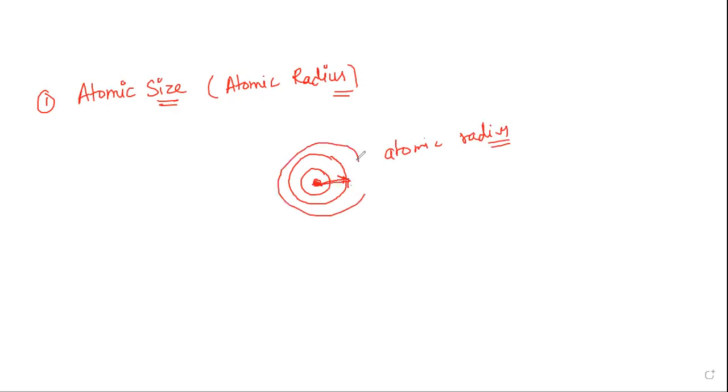If we have one more outermost shell, then the distance will increase. So we can say that the atomic size depends on the number of shells, because as the number of shells increases, the distance from the nucleus will increase and the radius will increase.